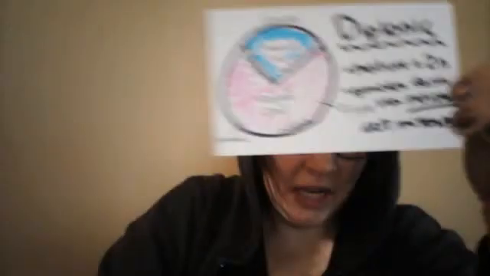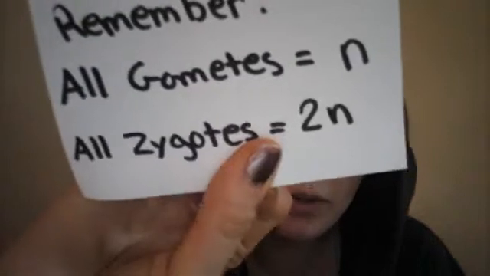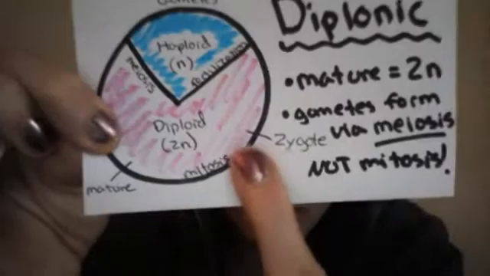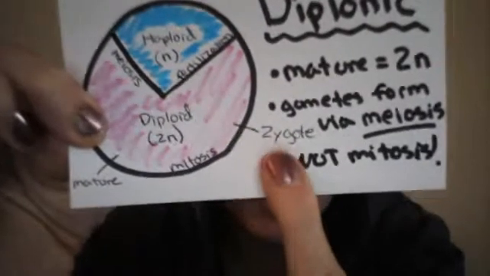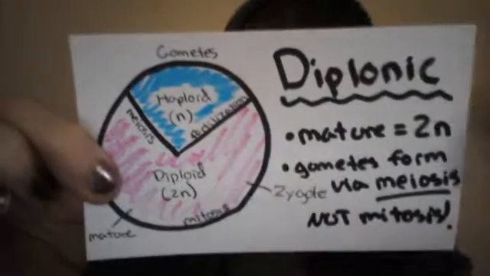So what you do need to keep in mind is that all gametes are haploid and all zygotes are diploid. Notice, zygote is in the diploid stage. Gamete is in the haploid stage, okay?